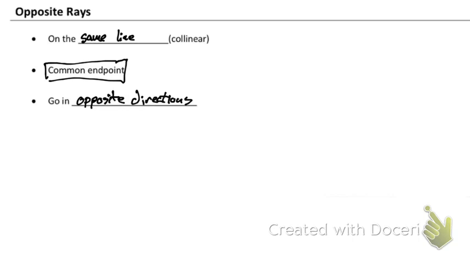So, an example of that, we're going to draw a line. I know we're talking about rays, but we have to start with a line. Now I'm going to put a point kind of in the middle. Let's call it S. Put a point over here, T. And I'm going to put a point over here, R. Opposite rays. I'm going to color in what are our opposite rays.